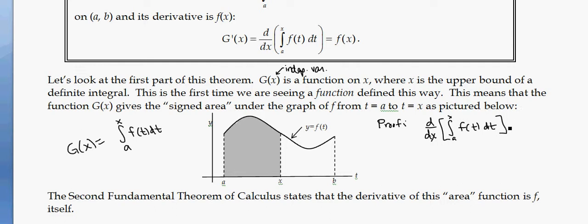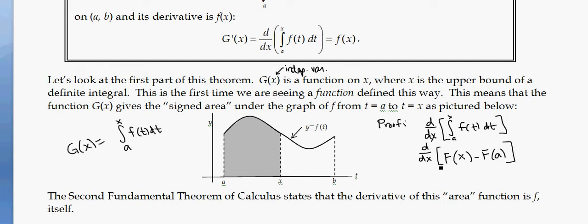So let's evaluate using the first fundamental theorem of calculus. We know that for this definite integral, we would find an antiderivative for little f, so we'd call that capital F, and we'd evaluate it at the top bound minus evaluating it at the lower bound.